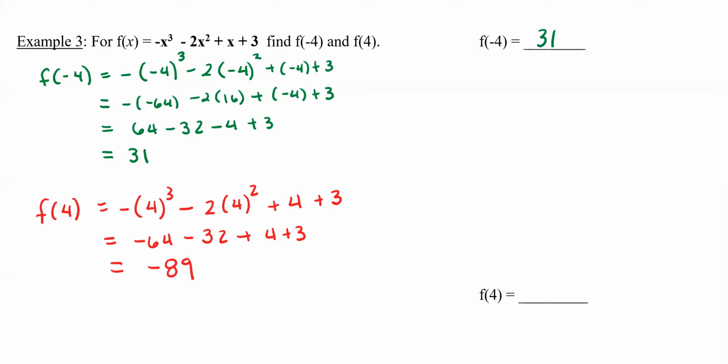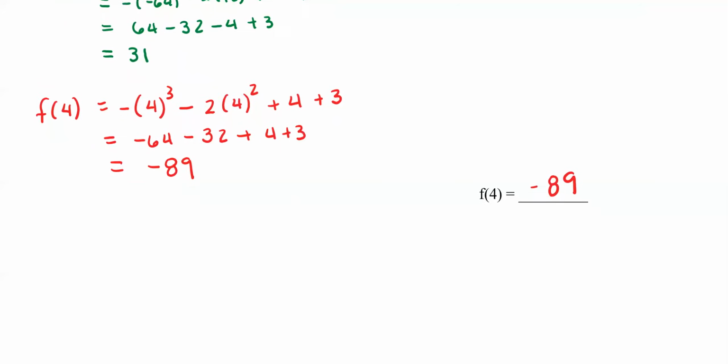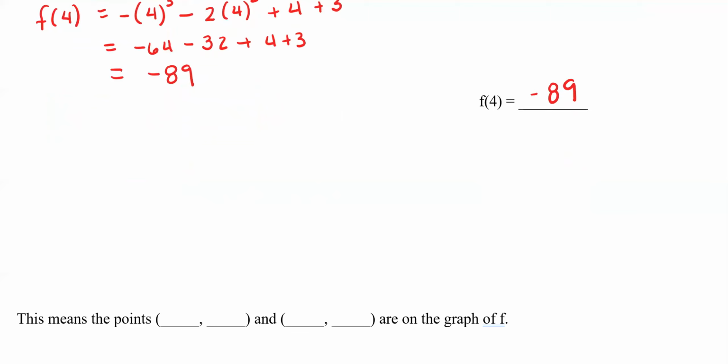So f of 4 is equal to negative 89. And then to write it as an ordered pair, we have 4, negative 89, and negative 4, 31.